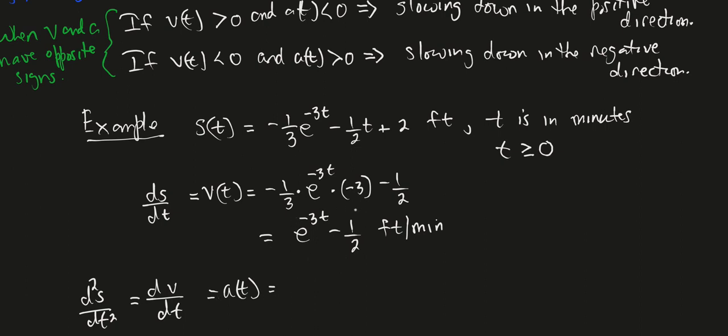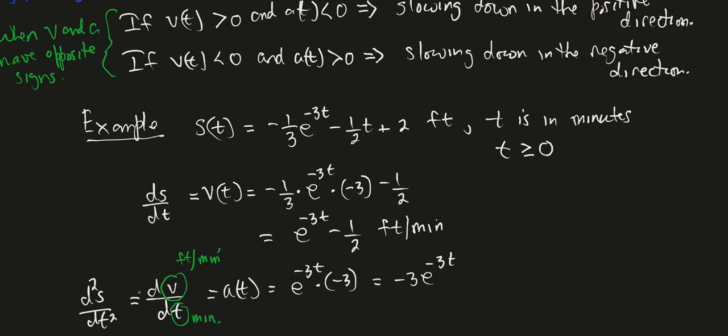So looking at this and differentiating it again, we have to use our chain rule. So e to the negative 3t times negative 3, and now the constant goes away. So here's our acceleration function. It's negative 3 e to the negative 3t. Now think about the units. Remember, we just said that the units for velocity are feet per minute, and of course the unit for time is minutes.